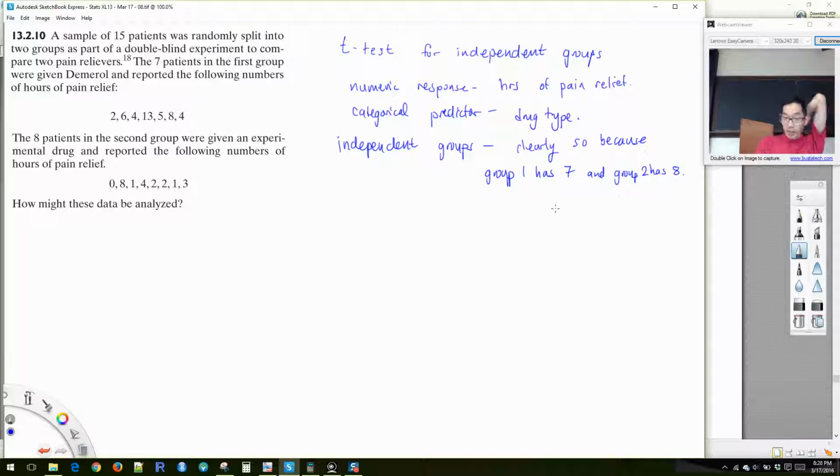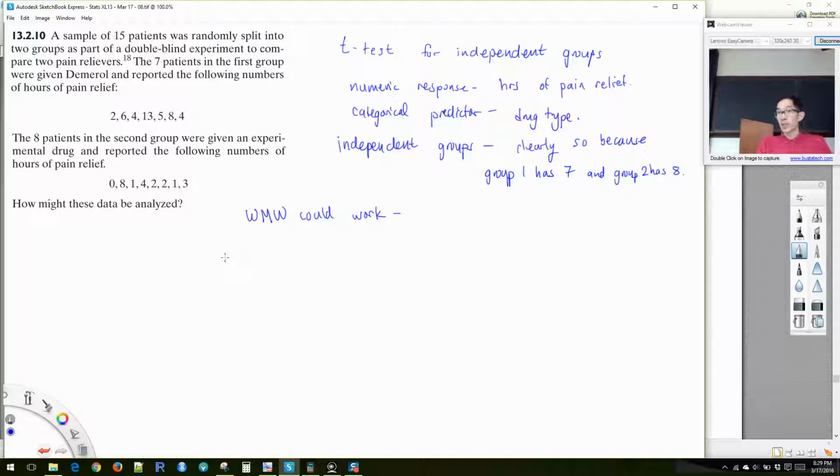Okay, Wilcoxon Mann-Whitney could work. However, I would not say that there's any clear outliers in either sample that would indicate that we should use the Wilcoxon Mann-Whitney test.